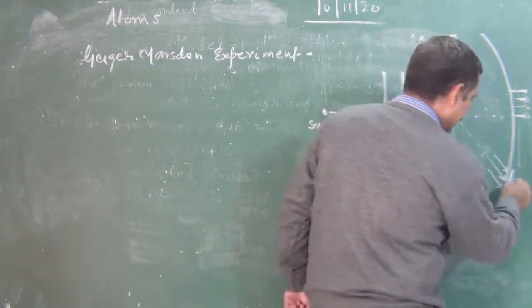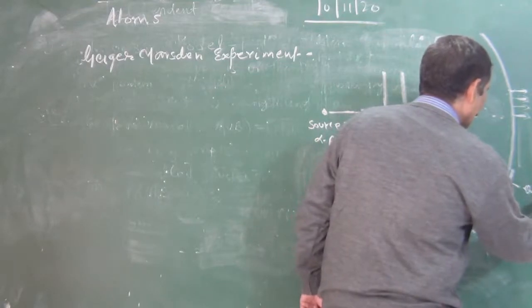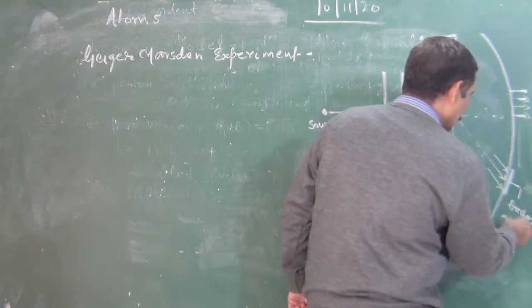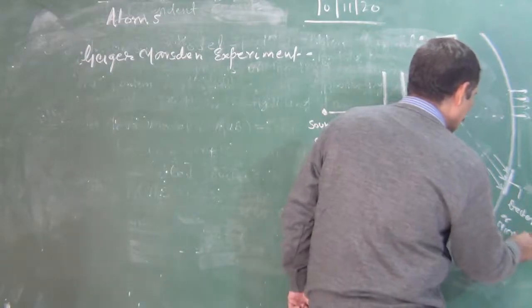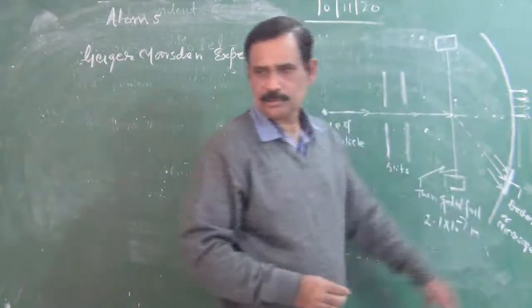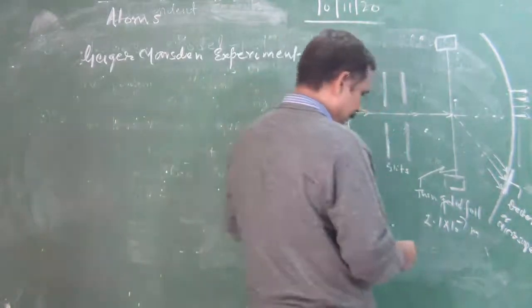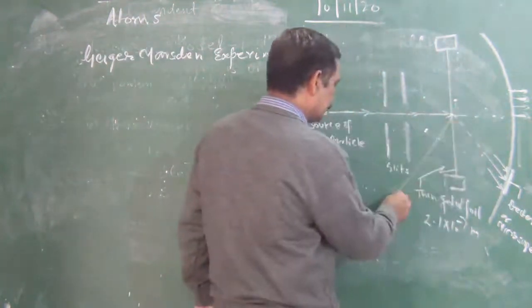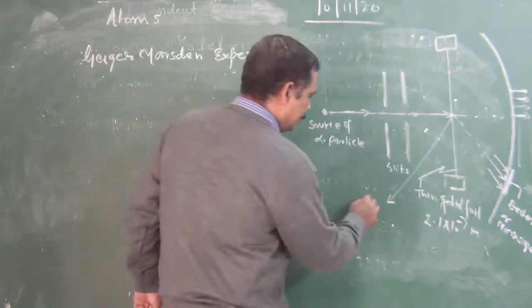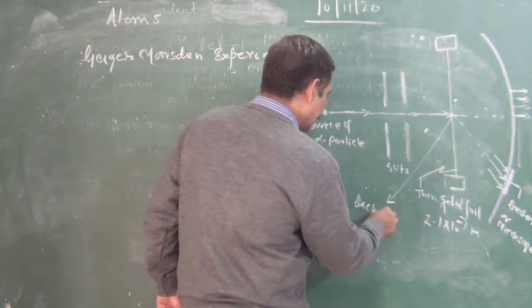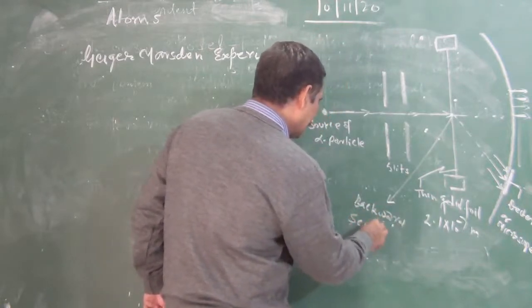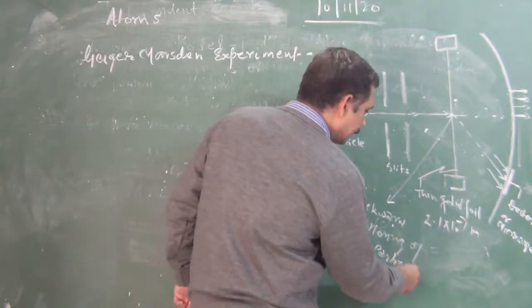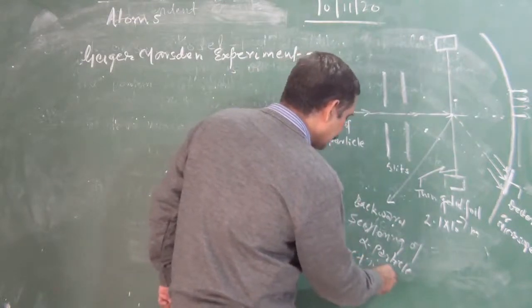This is the detector, and a microscope. Backward scattering of alpha particles is 1 in about 8,000.